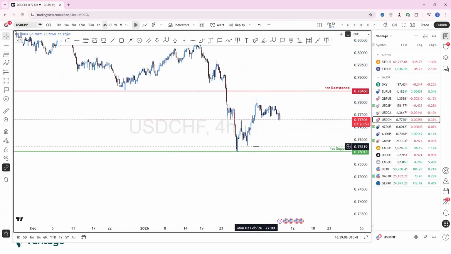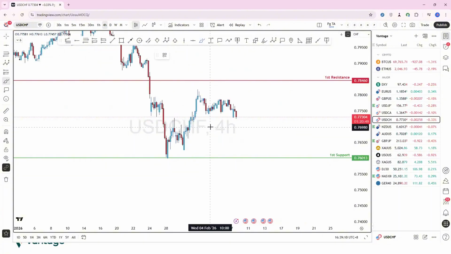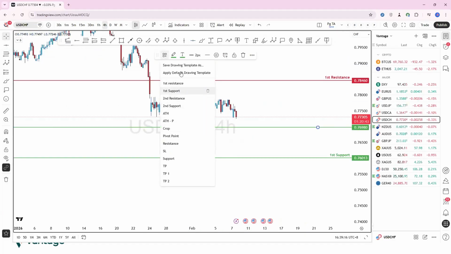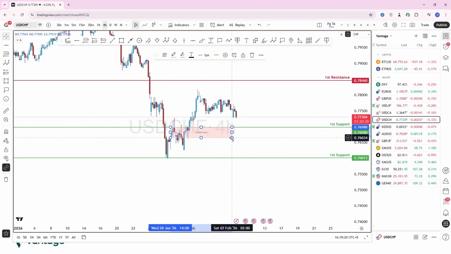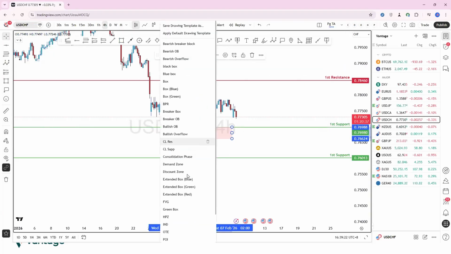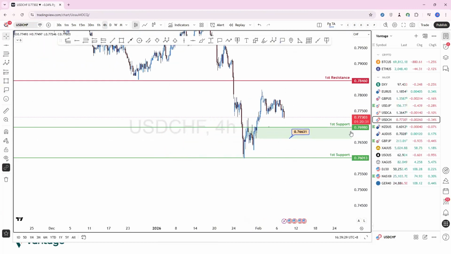Go to H1 because we are day trading. I'm a day trader, so this is going to be my buy entry. The lower one is about this, plus or minus a pip.